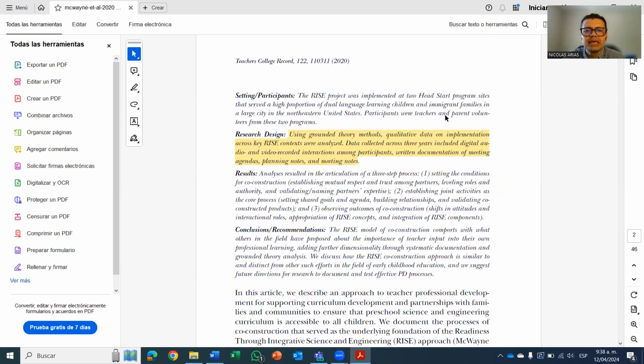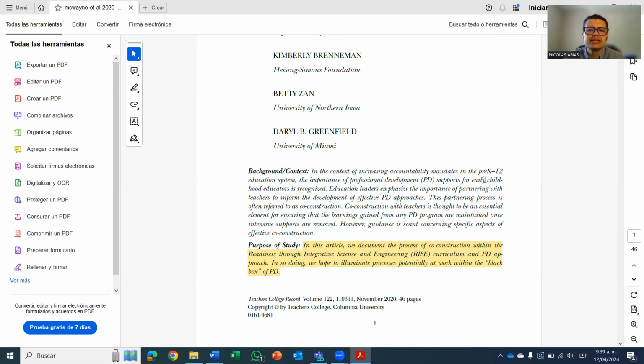It begins in the abstract, where they say the purpose of the study: in this article, we document the process of co-construction within the readiness through integrative science and engineering curriculum PD approach. In doing so, we hope to illuminate process potentially at work within the black box of PD.